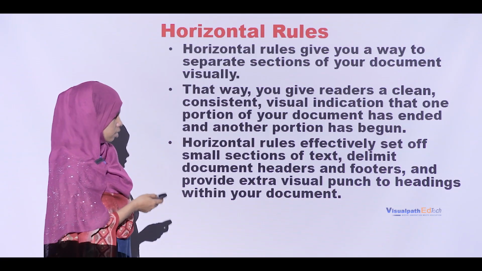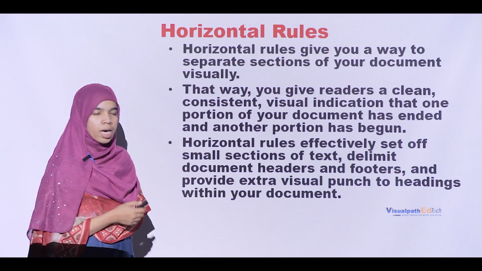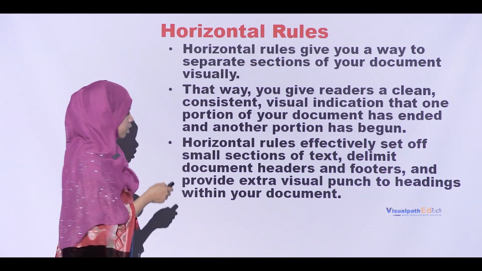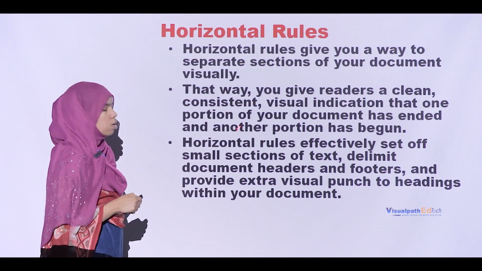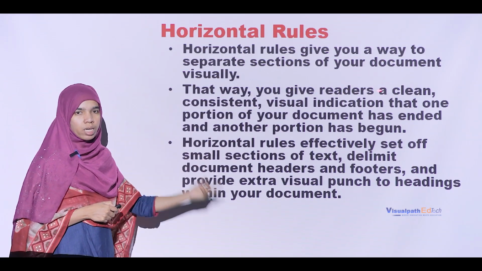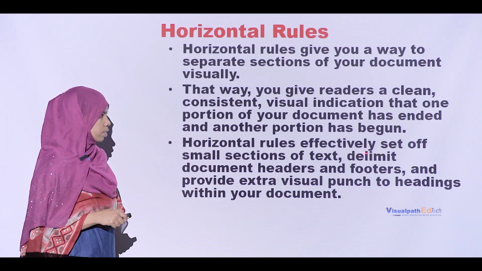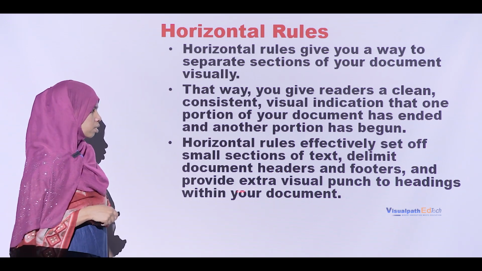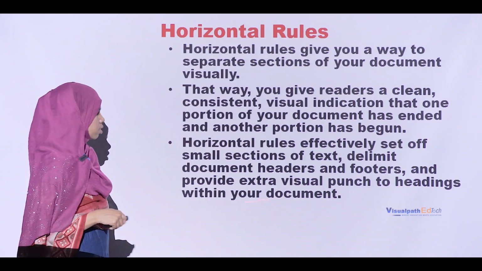It indicates a visual effect for the user and gives the user clarity for section-wise reading. It will also define the pages into documentation, where a portion has started, where it is going to end, and where the next section of the paragraph is getting started. So horizontal rules effectively set small sections of text defined under the documents, using either the header and the footer sections.